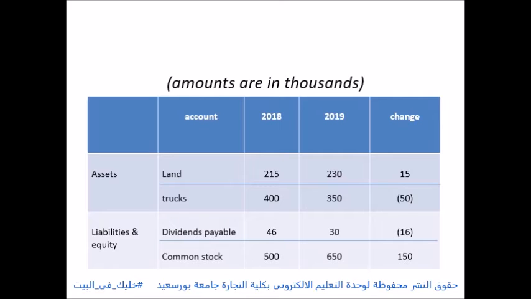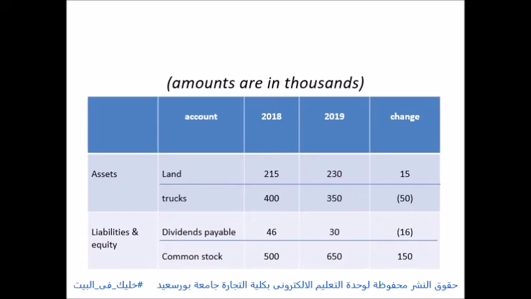In any cash flow statement, you are going to have the first two figures columns, 2018 and 2019. The first step in solving cash flow statement is to get the change. At the beginning of 2019, you do have 215,000 land. At the end of 2019, you do have 230. That means there is an increase of 15, positive. For the trucks, you have negative 50,000.